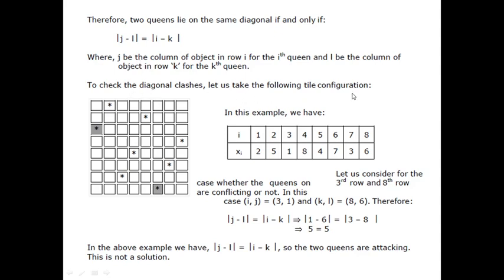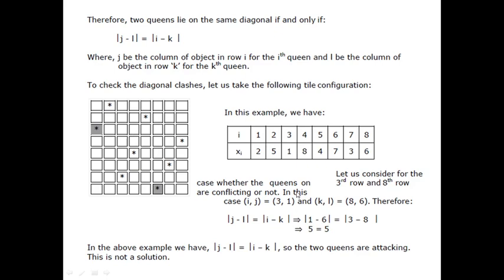Let us take the following tile configuration. I hope you have seen that. Here xi is the column for queen i, and this is x1 equal to 2. The first queen is placed at the second column, then the second queen is placed on the fifth, like that. This is actually the solution vector.